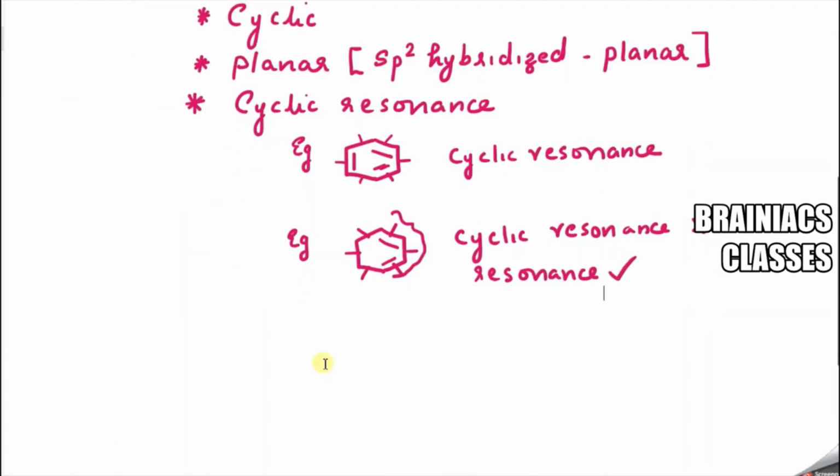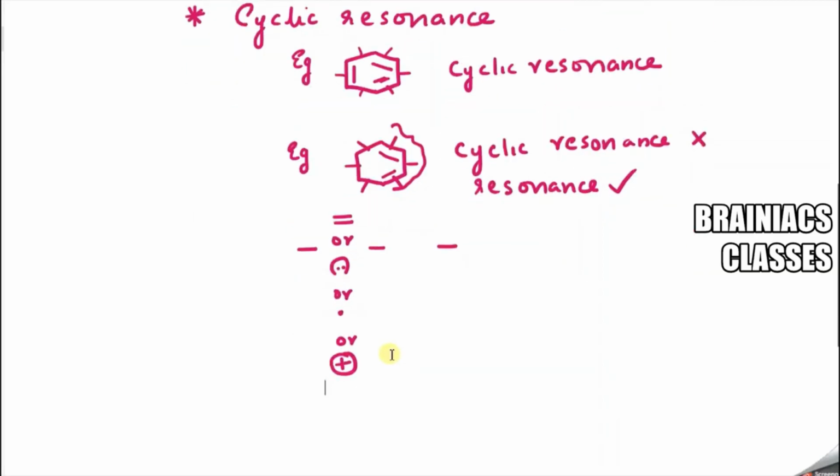Many students will ask me a doubt: sir, how do we check whether cyclic resonance is present or not? I will give you one very simple shortcut. Every single bond should alternate with either a double bond, a lone pair, a free electron, a positive charge, or a negative charge.